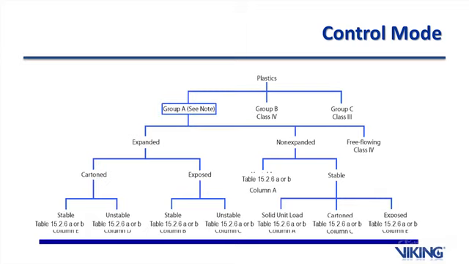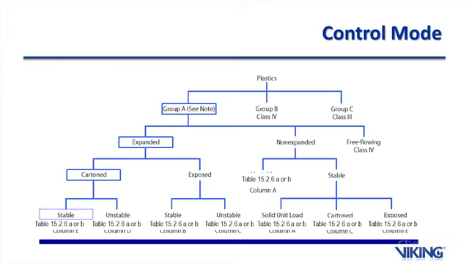I got Group A plastic. What's the next decision? Is it expanded, unexpanded, or free-flowing? We covered those definitions. It's expanded in this case. Is it cartoned or is it exposed? Is it in a box or is it not, this expanded plastic? It's cartoned. Is the pile stable or is it unstable?